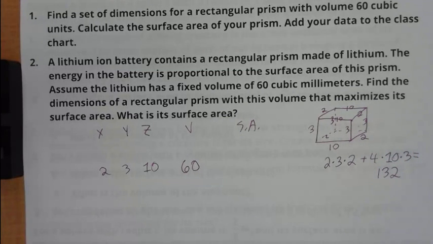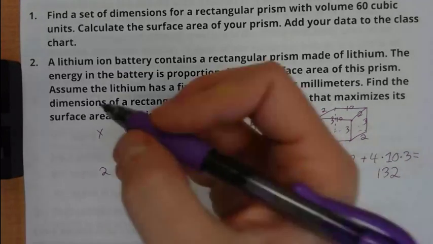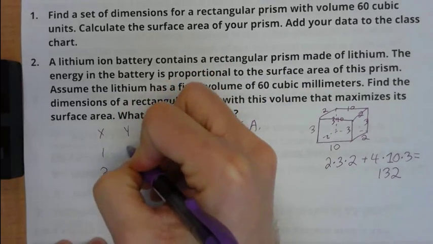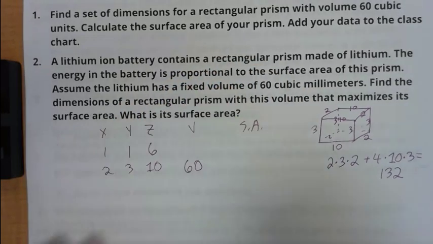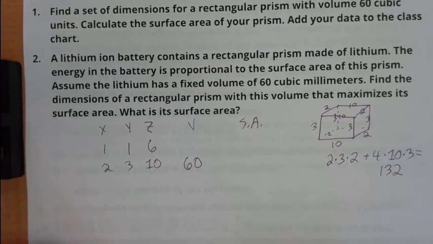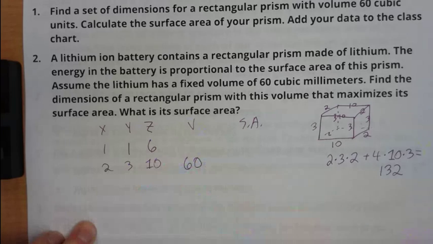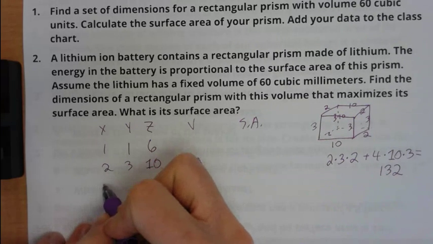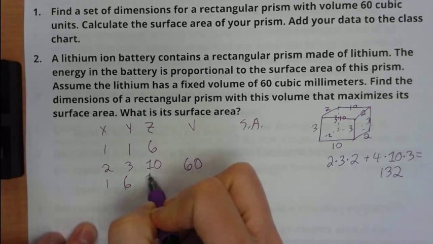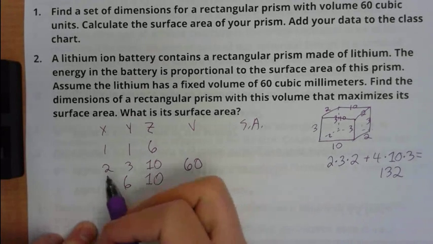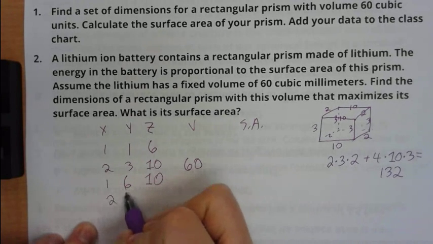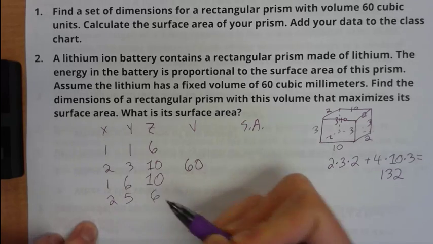So if I fill out some more parts of my table, other options you could have are a 1 by 1 by 60 for the dimensions. And then I might have a 2 by 3 by 10 that I already have. I might also have a 1 by 6 by 10. I might also have a 2 by 5 by 6.